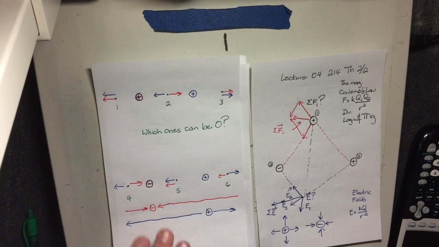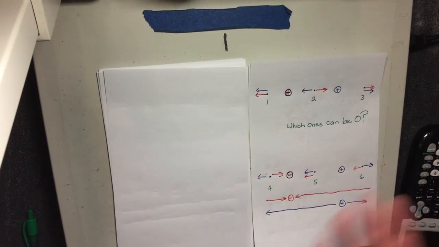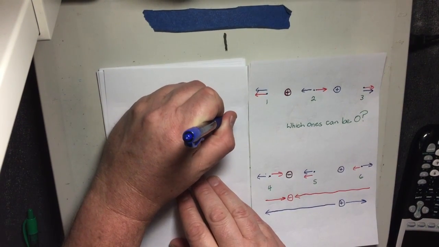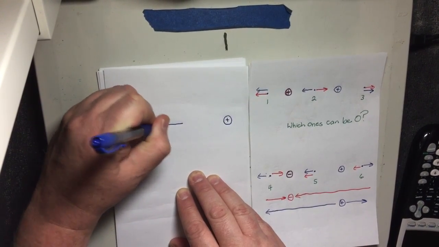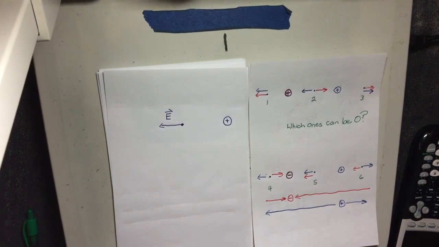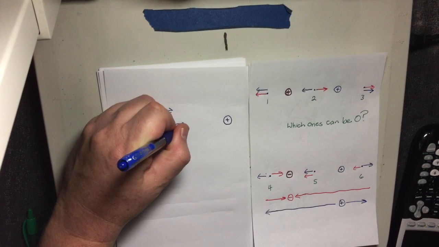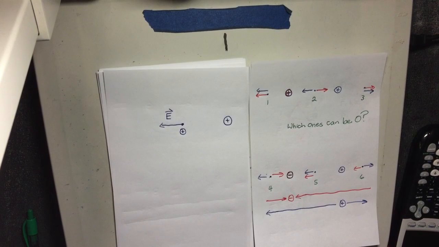Now, one of the things that we've been looking at is if you have a positive charge here, obviously the electric field line at a particular point goes to the left. So if I placed a positive charge here, does it accelerate to the left or to the right?